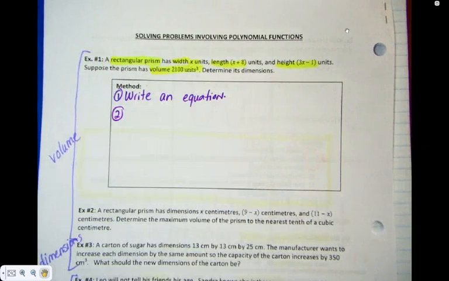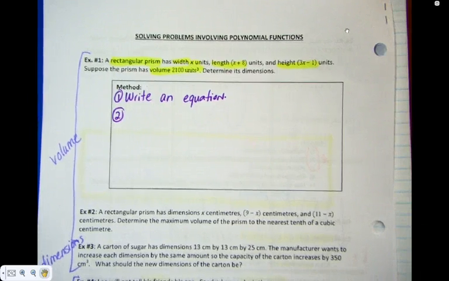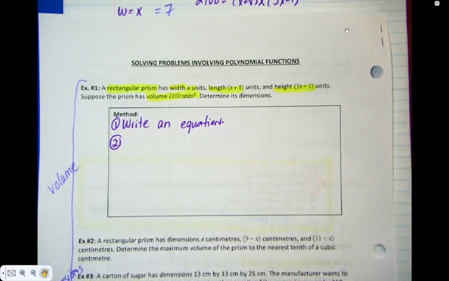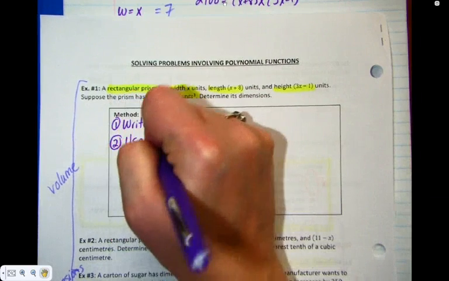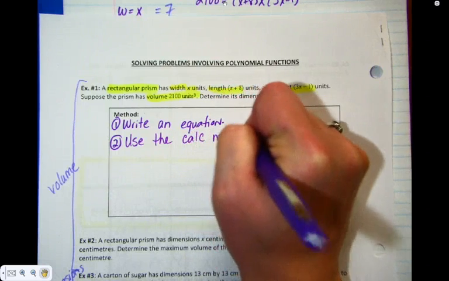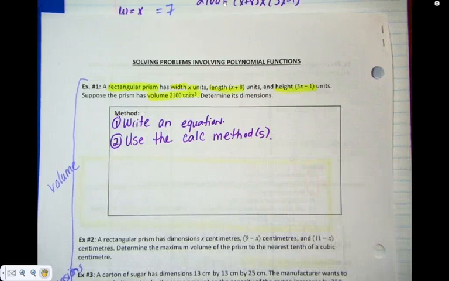Okay, so after we wrote the equation, what did we do? Okay, so use the calculator methods. And I'll just put the S in brackets, because as we know, we have a choice, whichever one you like better. You don't have to use both.